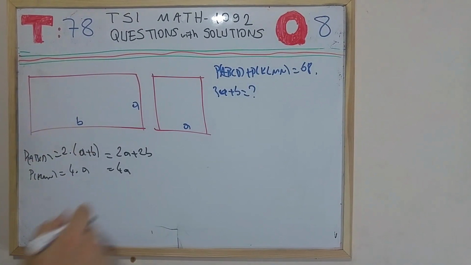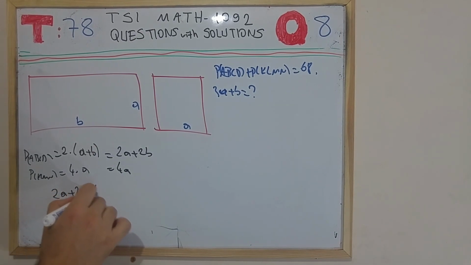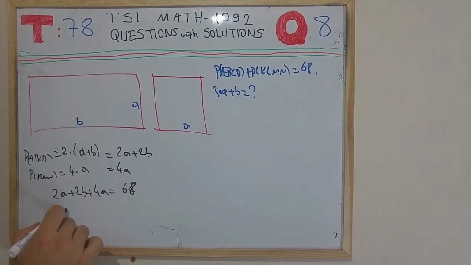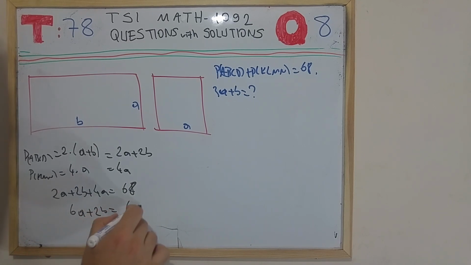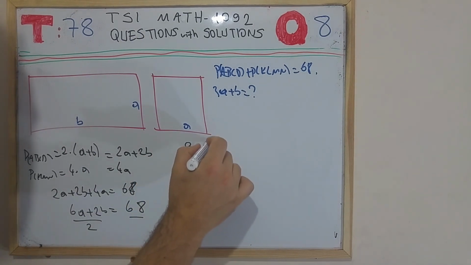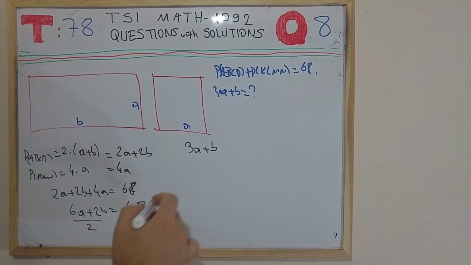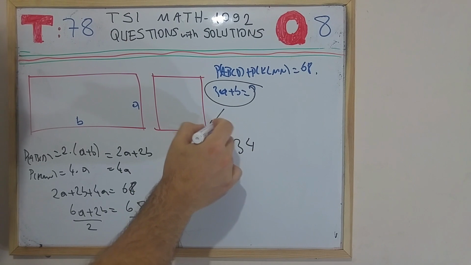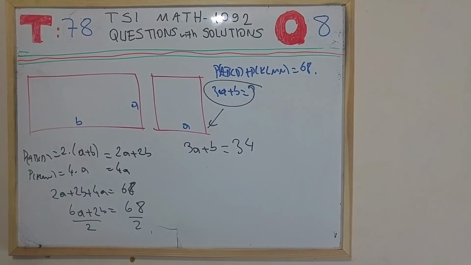When we sum these up, 2a plus 2b plus 4a is equal to 68. So what we have is actually 6a plus 2b is equal to 68. When I divide each side by 2, what I have is 3a plus b, and this will be equal to 68 over 2, that is 34. This is what they are asking me, so the answer is 34.